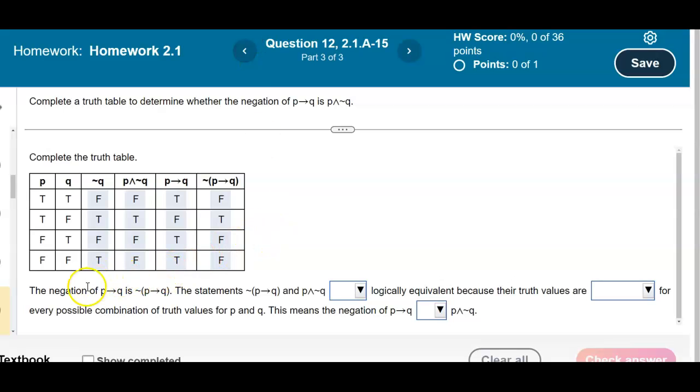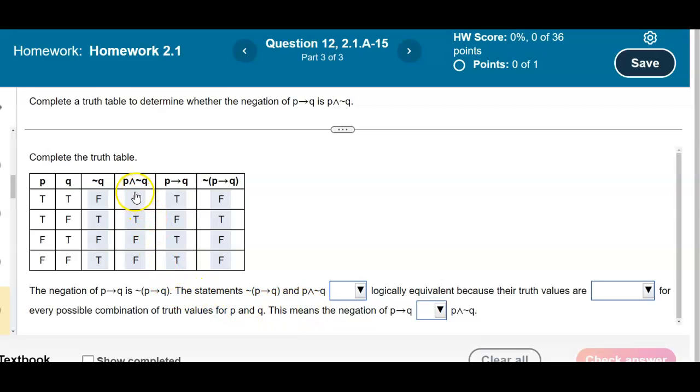Now we need to determine whether the negation of P implies Q, which is this column, and P and the negation of Q are logically equivalent or not.